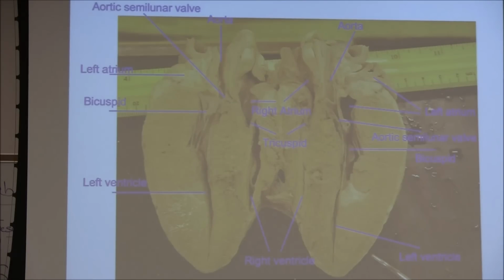I think this is probably the hardest dissection in terms of orientation, because if you get left and right confused, you're going to get all of your answers incorrect. So make sure you can tell left from right. That is the most important thing, and I cannot help you with that during the exam. You have to be able to look at the heart and tell me whether it's left and right.